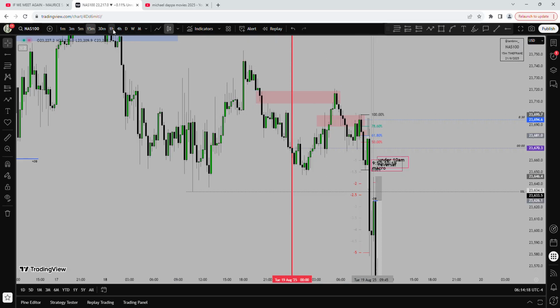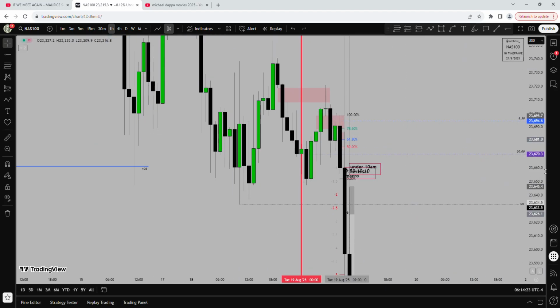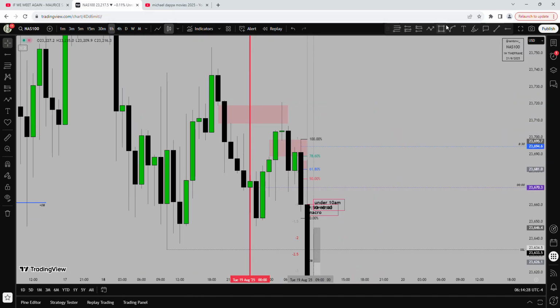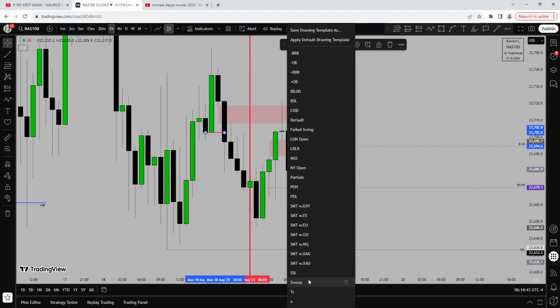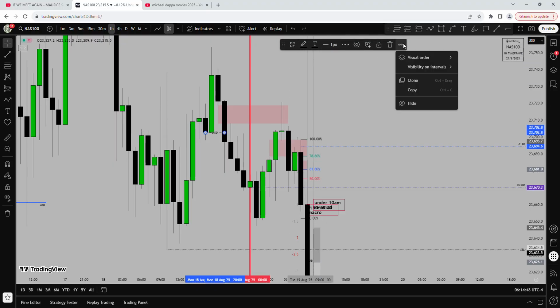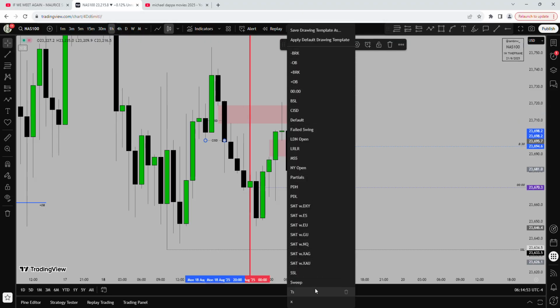So on the 1 hour time frame, there was an FVG. Price traded into this FVG first, which it was rejecting on, and then after trading into it, there was a CISD here, which is a change in state of delivery, or you could say a market structure shift.